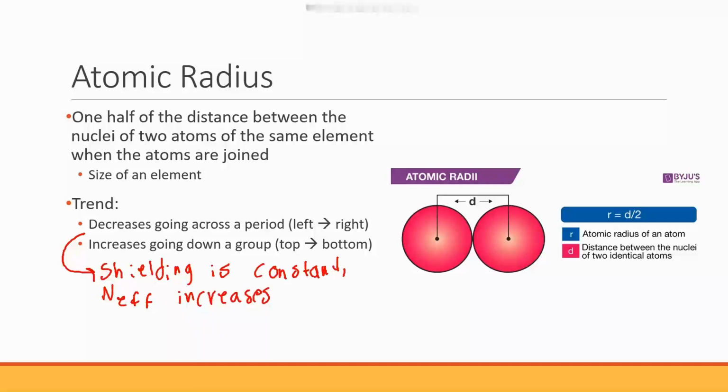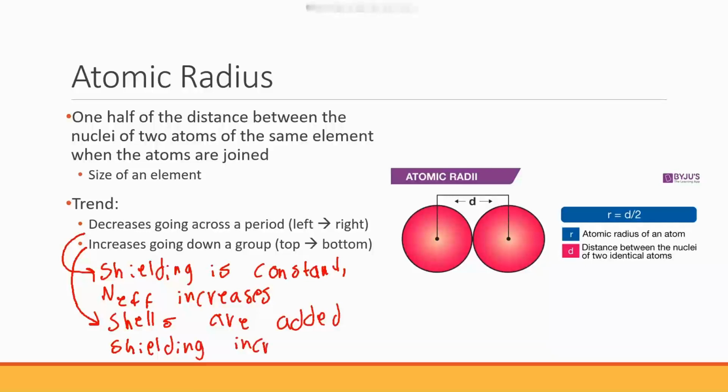Now, the reason why atomic radius increases going down a group is because as you go down a group, shells are added, and shielding also begins to increase. Remember that because nuclear effective charge is increasing as you go across a period, electrons become more attracted to the nucleus.